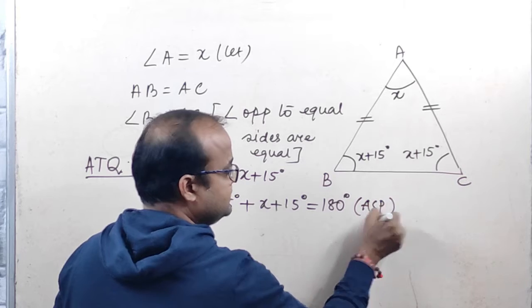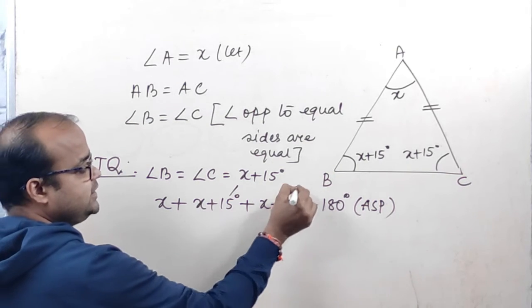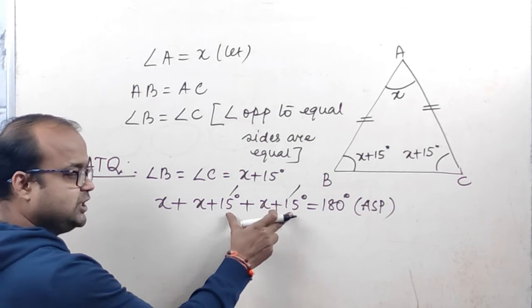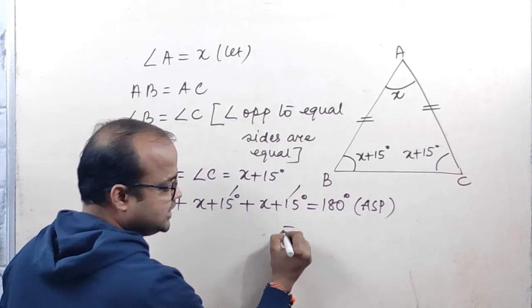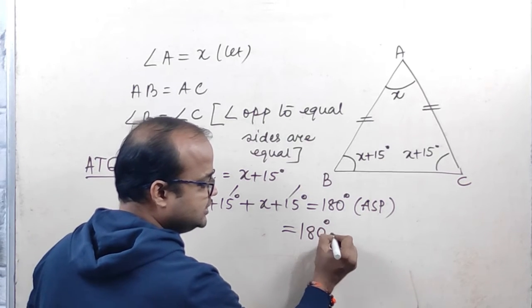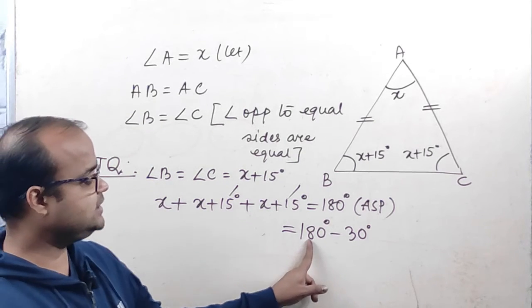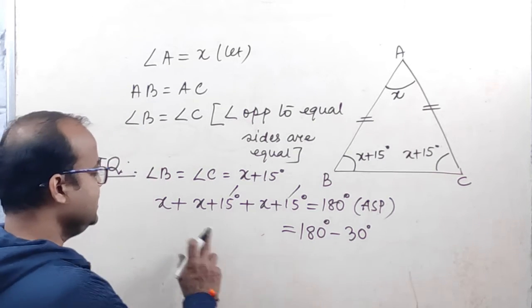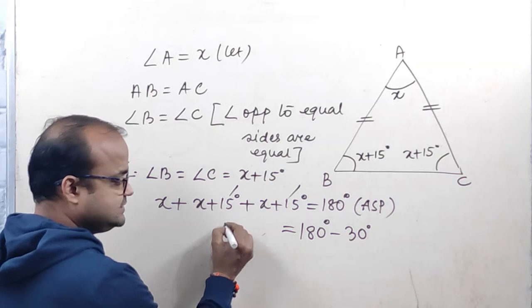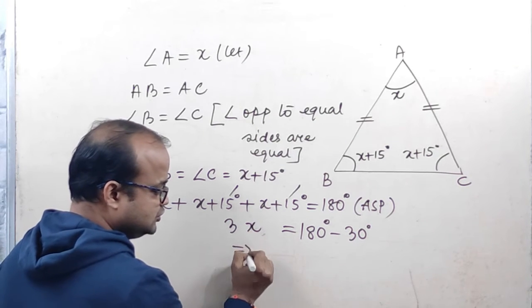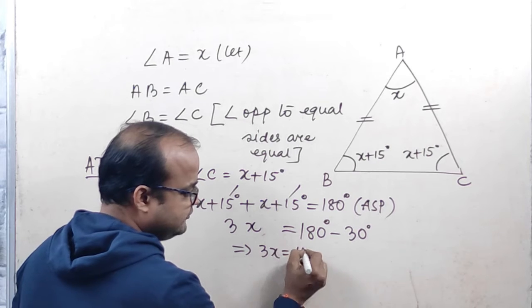Angle sum property. Now 15 degree plus 15 degree is equal to 30 degree. If you shift the side, you will get 180 minus 30 degree. X plus x, 3x. So 3x equals to 150 degree.